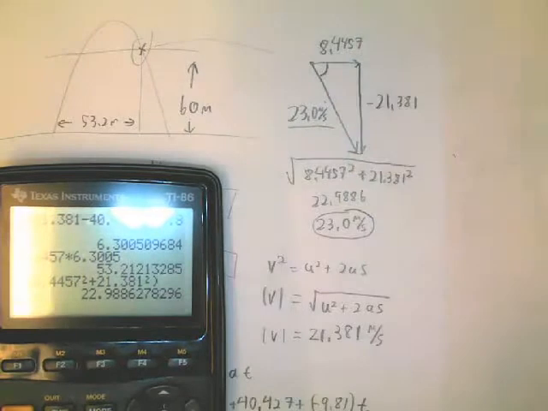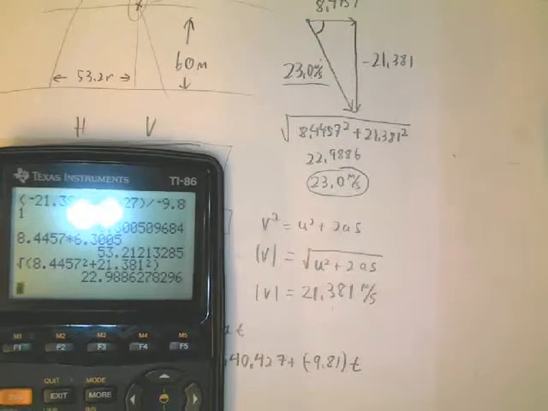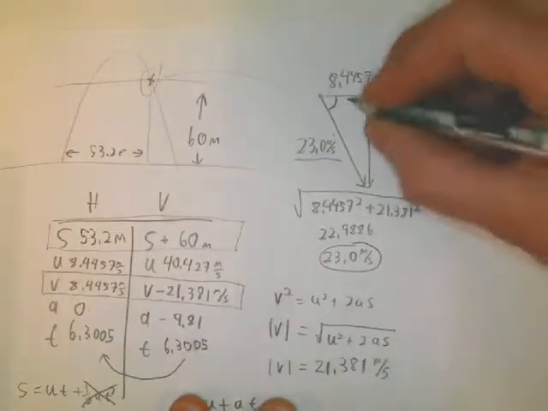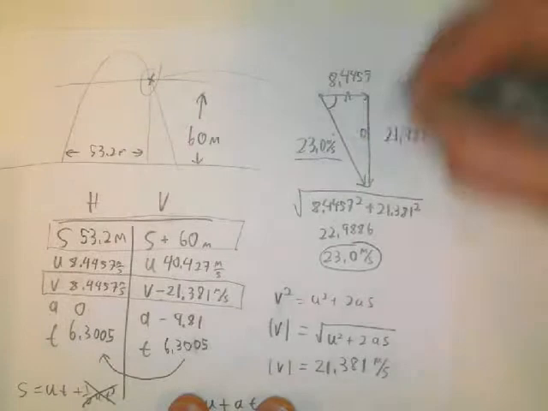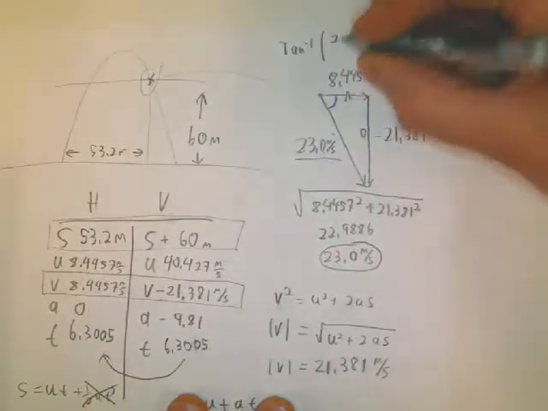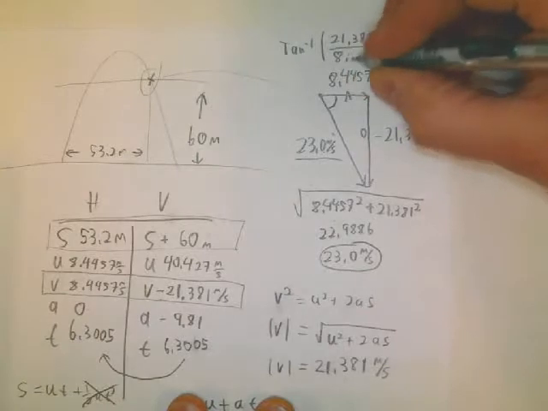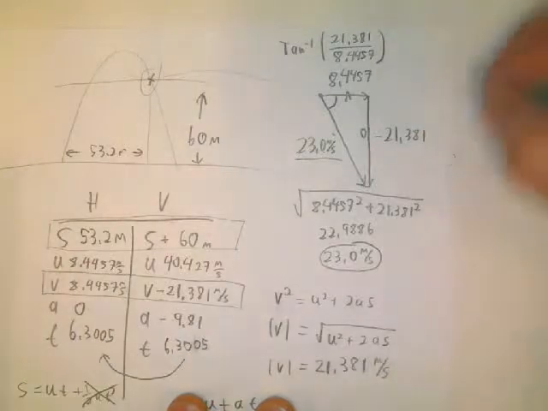And then we can also find the angle. This angle we're going to find with the inverse tan. This is the adjacent side and that's the opposite side. So tan inverse of the opposite, 21.381, over 8.4457.